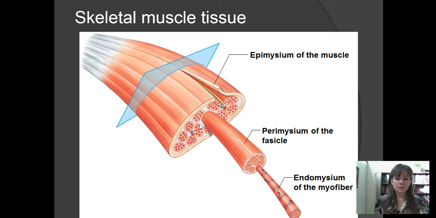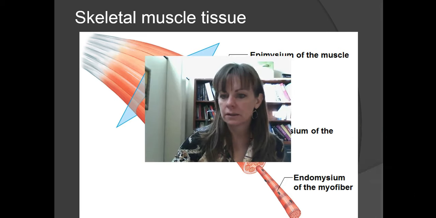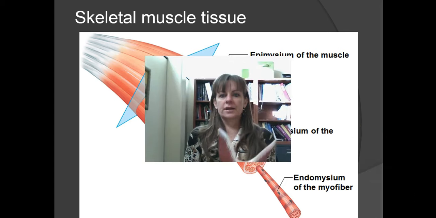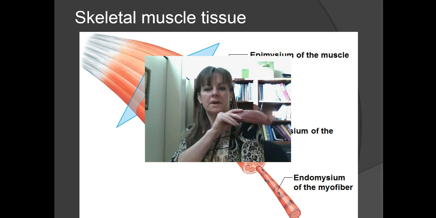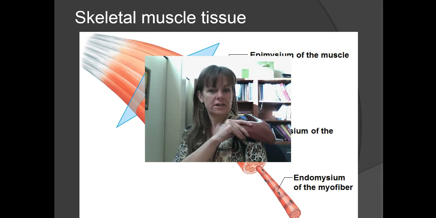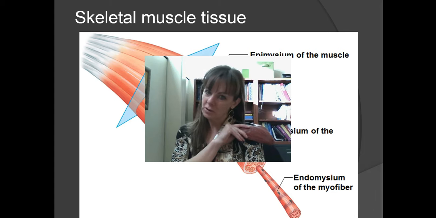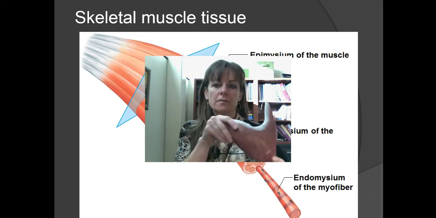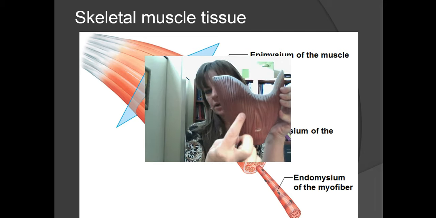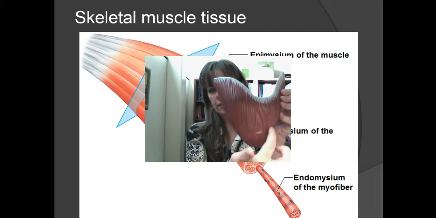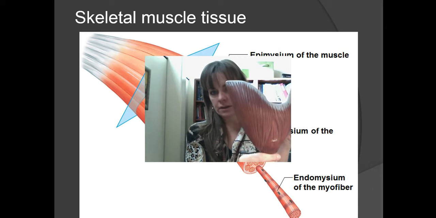Now, here's a muscle. Actually, let me switch to the full screen. Okay, so here's a muscle that I've pulled off of a model, and this muscle actually is the shoulder muscle. You can see it's a bit bigger than my shoulder muscle. But so this is the muscle right here, and the lines that you are seeing along here are the fascicles.